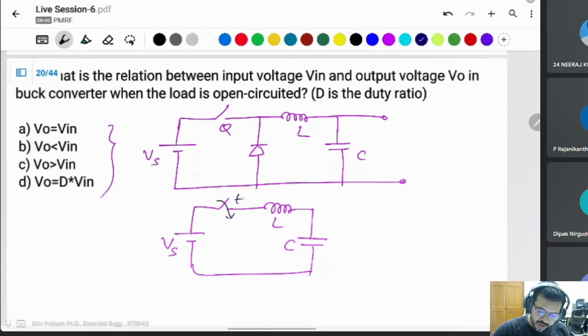Suppose at t equal to 0, the current is continuous. Then what is the current equation in this? If you know this, then you can find the actual output voltage of a buck converter when there is no load.